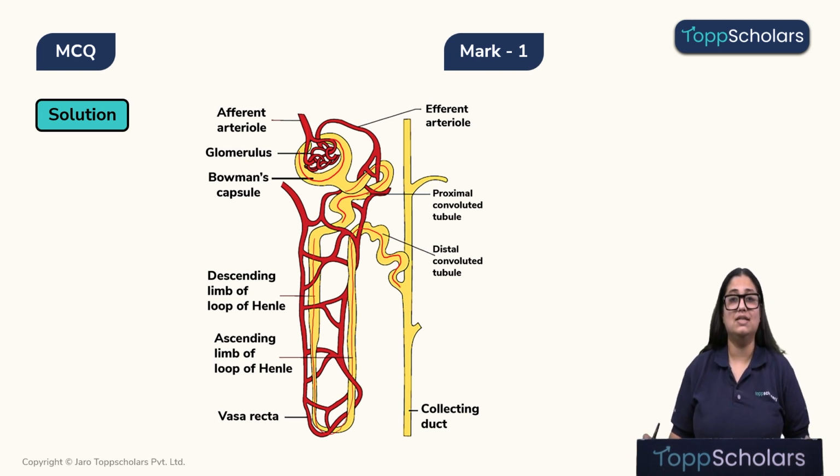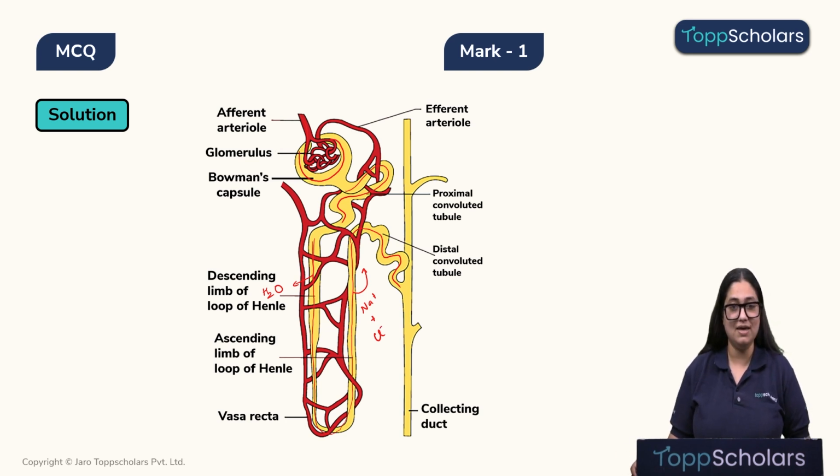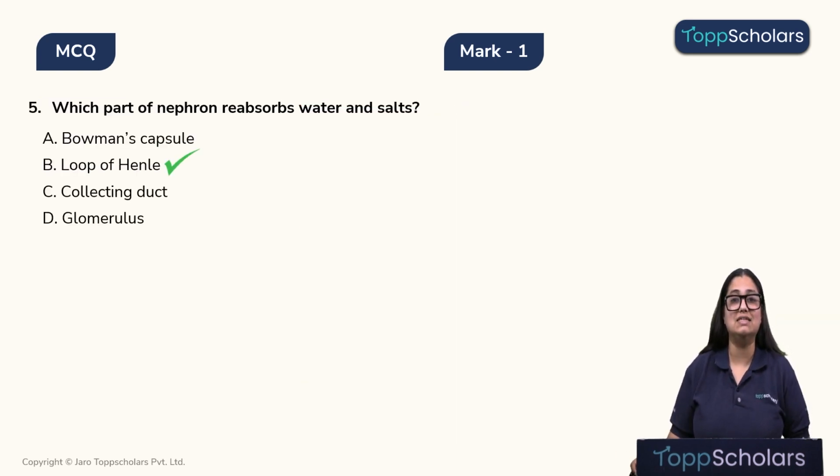Now we know that water and salts are reabsorbed in the loop of Henle, where in the descending limb of Henle there is reabsorption of water, and from the ascending limb of Henle there is reabsorption of the salts. Okay, therefore the correct answer is option B, that is loop of Henle.